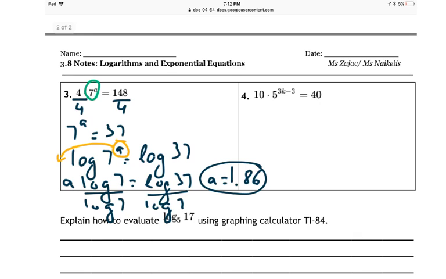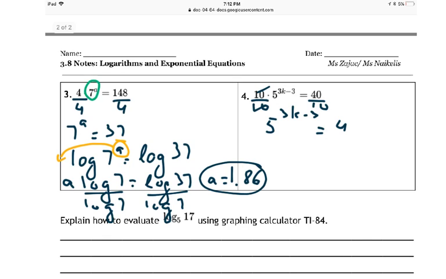Problem number 4. Again, we have to isolate 5 to the power 3k minus 3 by dividing each side by 10. So here it cancels. We'll get 5 to the power 3k minus 3, and 40 divided by 10 is 4.